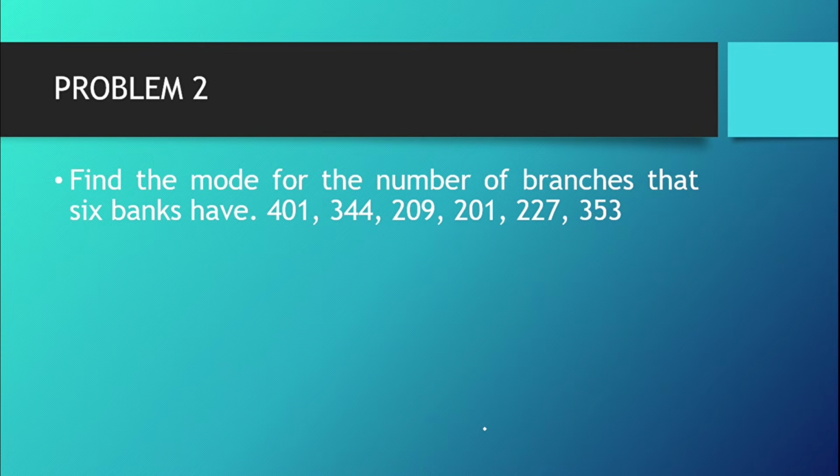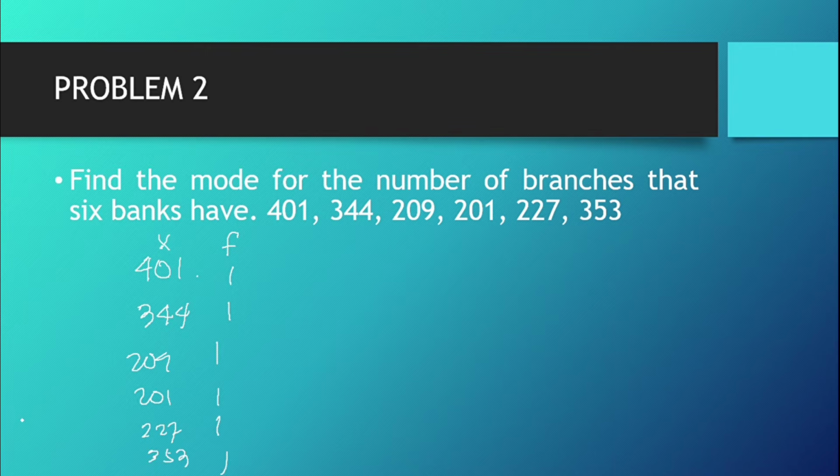So first, we're going to jot down the mode of the number of branches. So we have 401 and 344. This is our x and this is the frequency. 1, 1, 209, this is 1, and 201, this is 1, and 227, this is 1, and 353, this is 1.